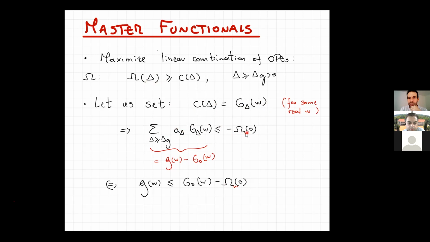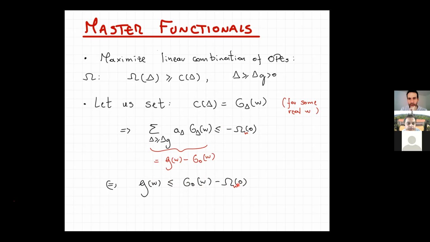I'm going to add an extra label W to the functional, because this is some parameter that I can choose, and so this omega will depend on W. But now what is this? This is simply the correlator minus the identity. And so you learn that the correlator is smaller or equal than the identity minus the value of this functional at the identity.